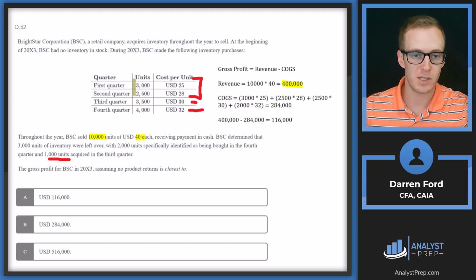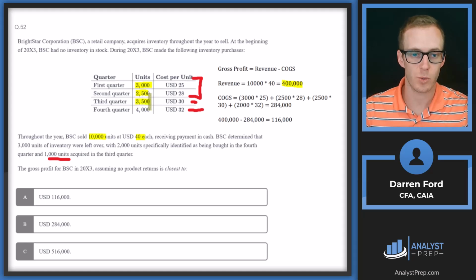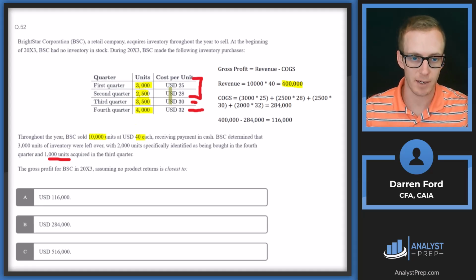So what that means is we sold 3,000 here, 2,500 here. So that brings us to 5,500. We had 1,000 left over in the third quarter, so we sold 2,500 here. That brings us to our 8,000. And then we had 2,000 left over here, and that's the remaining 2,000 that we sold.